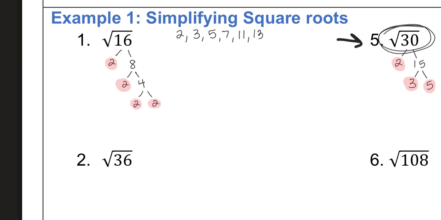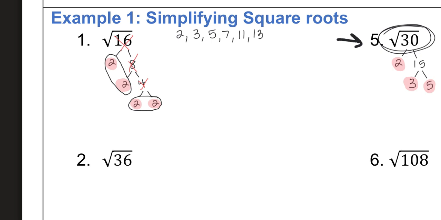So now every number at the end of those branches is a prime number. So we are only looking at the numbers at the end of the branches. We are no longer looking at any of these numbers that are inside to simplify, okay? So now we're looking for, do I have any pairs of numbers? I have a pair of 2s and another pair of 2s.